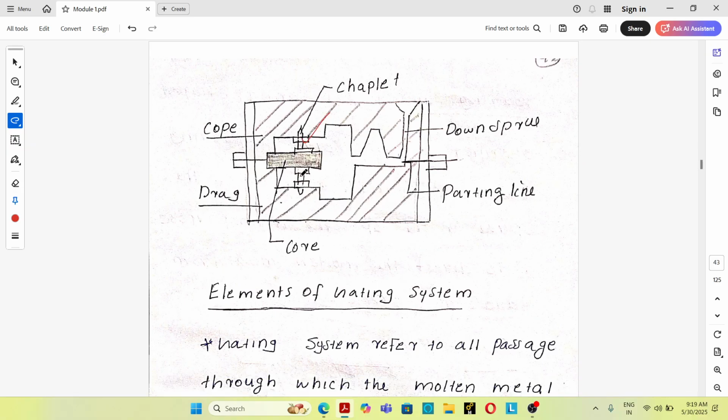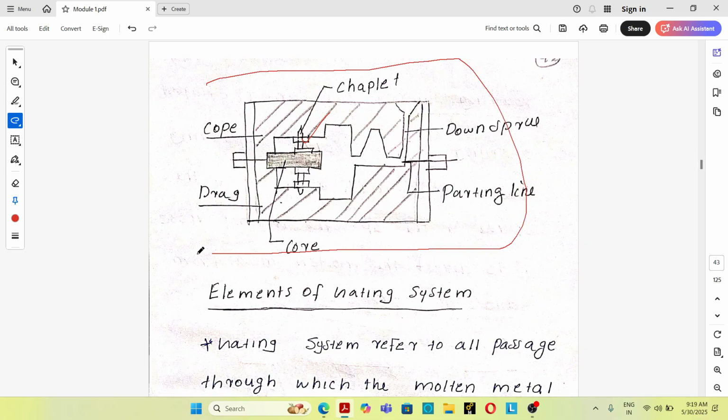Chaplets are small metal inserts or spacers placed inside the mold cavity to support the mold core. Usually these chaplets are the same material as the casting. During the casting process, due to the high temperature of the molten material, the chaplets melt and become a part of the casting. So that's the concept of chaplets.